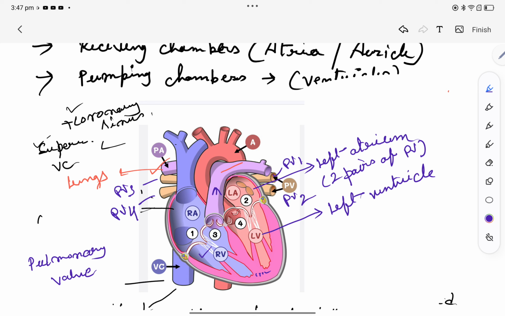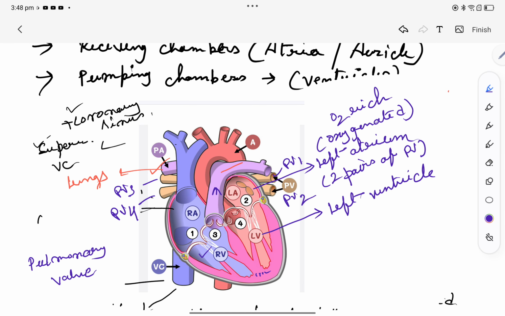So we have two pairs of pulmonary veins which come from the lungs. It receives oxygenated blood, which means O2 rich blood from the lungs.